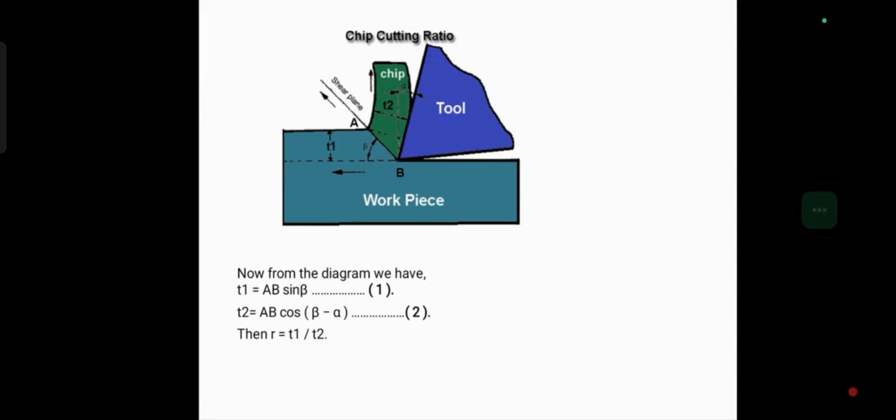Then we know that R equal to T1 by T2. From 1 and 2 we have R equal to AB sin beta by AB cos(beta minus alpha). This is the equation of chip thickness ratio in terms of alpha and beta.